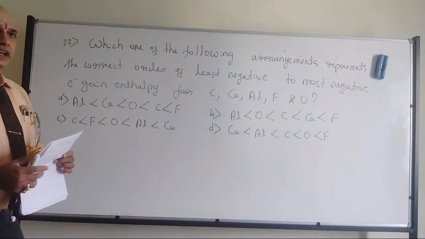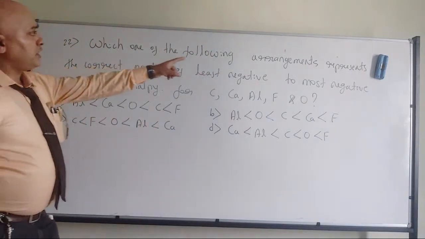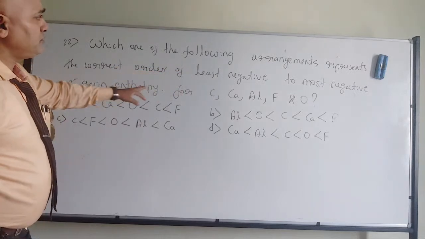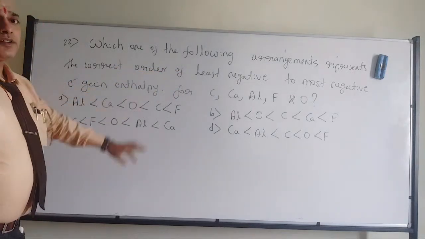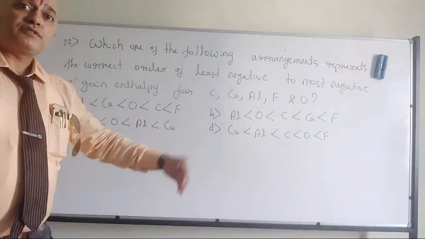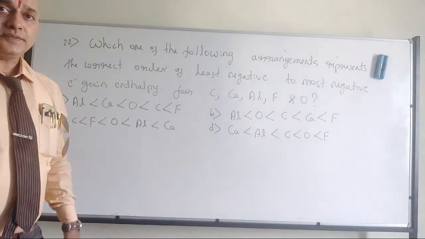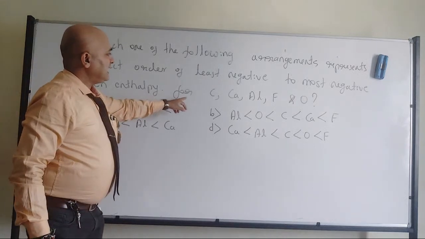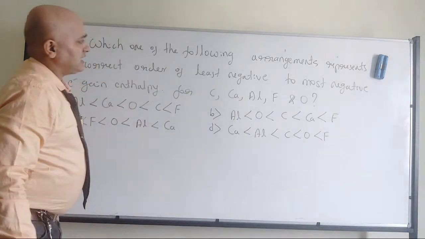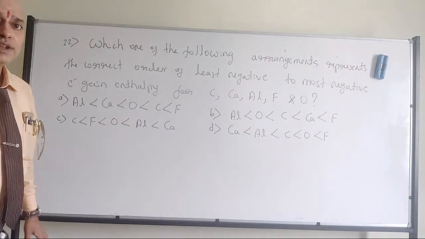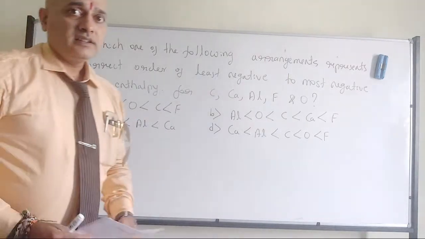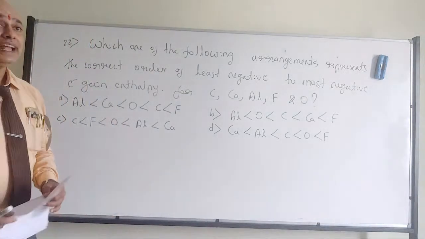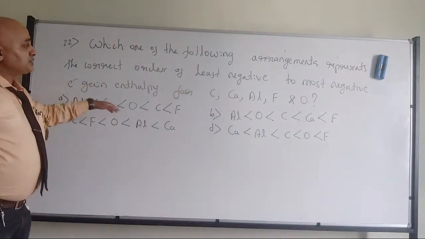Can anyone tell which one of the following arrangements represents the correct order of least negative to most negative electron gain enthalpy, meaning from less to higher? For electron gain enthalpy, more energy should be released.